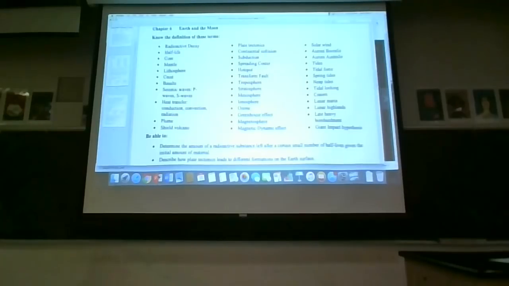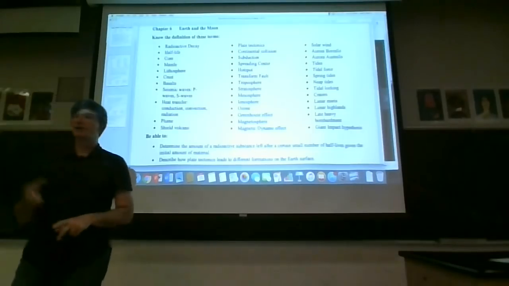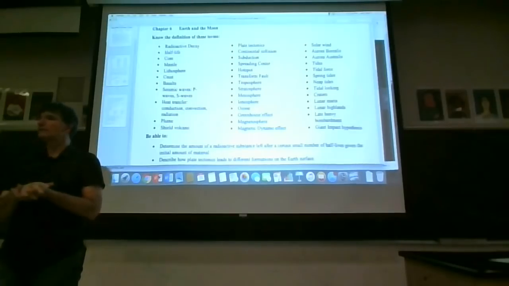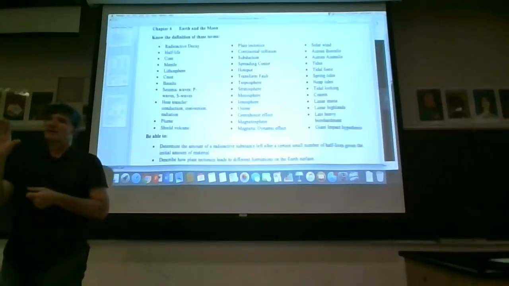Basalt, did I put quartz? I mean, did I put granite? I don't think I put that. What's basalt? You know what basalt is? Basalt is dark, high density material, right? It's SiO2, silicon dioxide, but it's denser.